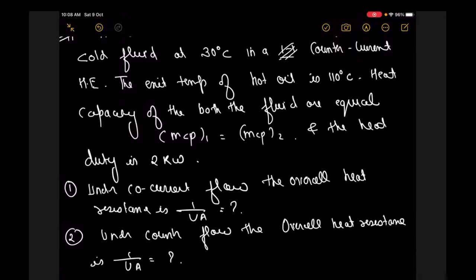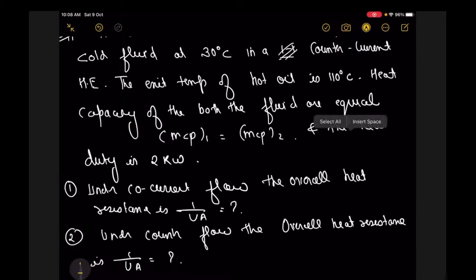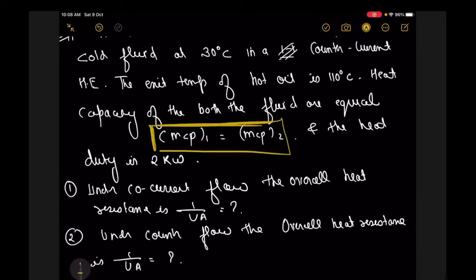So the most important point here they have given is this. MCP1 is equals to MCP2. This is the most important point.